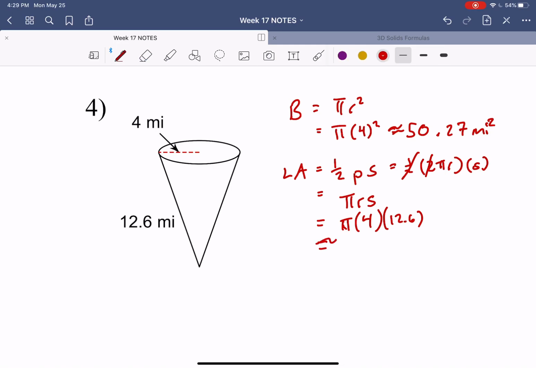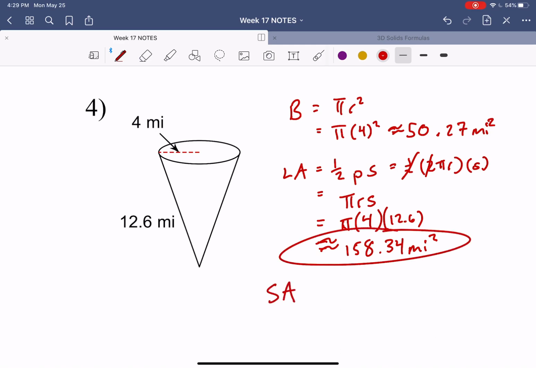So that is approximately equal to, and again, I'm using the pi button, 158.34 miles squared. And then our last step, that's our lateral area, surface area. We're going to do, again, lateral area plus 1 base, because a cone only has 1 base.